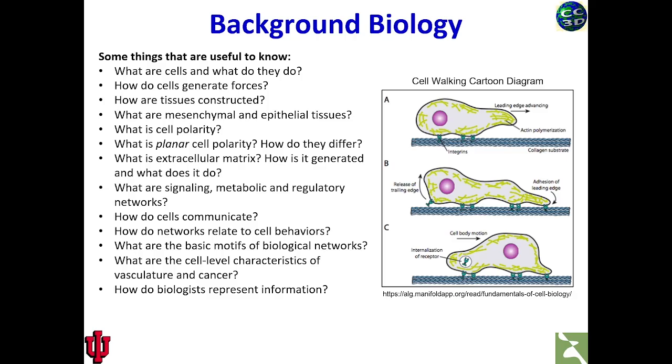But you will notice that these diagrams often have standardized components in them to cut down on the amount of explanation required in the diagram itself. So understanding a little bit about these cartoon diagrams can often be helpful, particularly if you're looking through papers to, for example, prepare for the hackathon or to put together a project of your own. Having seen some of these things before and knowing what the different pieces mean can be very helpful.